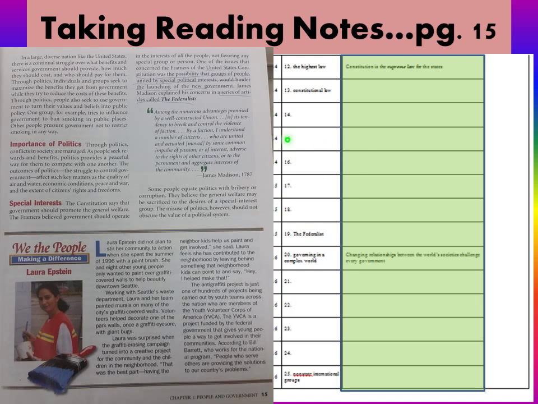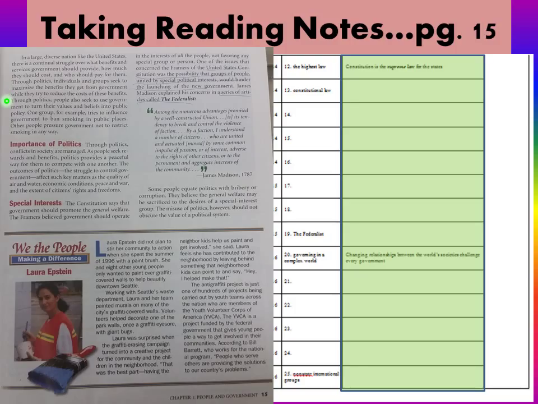Okay, I had to flip the page to finish this section. In a large, diverse nation like the United States, there is a continual struggle over what benefits and services government should provide, how much they should cost, and who should pay for them. Through politics, individuals and groups seek to maximize the benefits they get from government while they try to reduce the costs of these benefits.